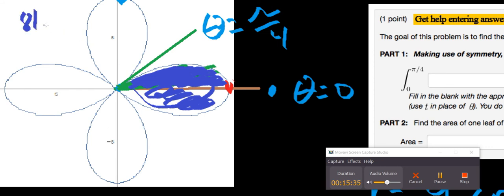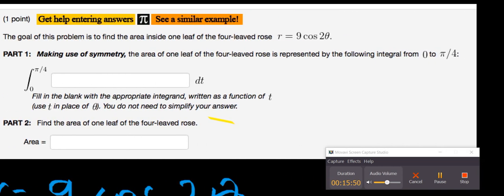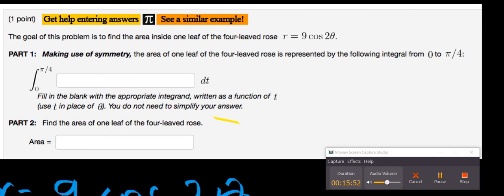So 81 pi 16ths times 2 equals 81 pi 8ths. And that is the area of one leaf, 81 pi 8ths.